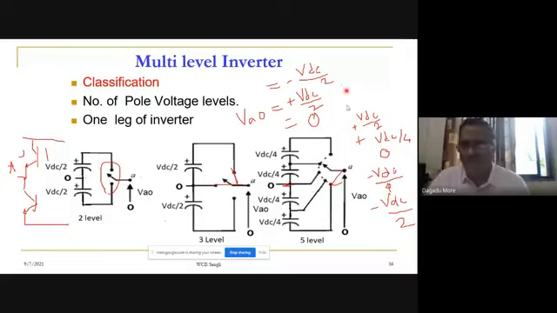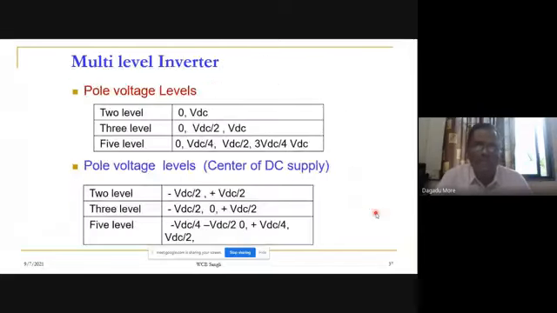So the 5 pole voltage levels are plus VDC by 2, plus VDC by 4, 0, minus VDC by 4, and minus VDC by 2. Whether it is 2 level, 3 level, 4 level or 5 level depends upon the pole voltage levels.